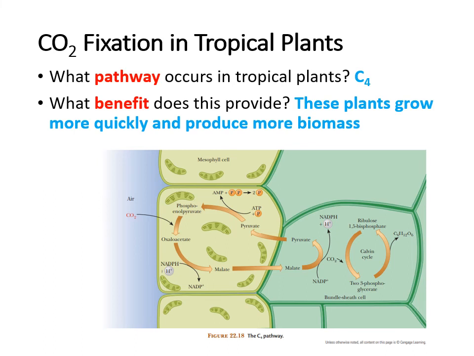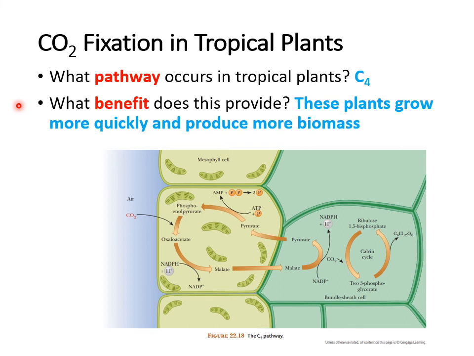So the last thing that I want to mention when it comes to photosynthesis is that there are alternative pathways. In addition to the Calvin cycle, there's an alternative pathway for carbon dioxide fixation that happens in tropical plants. It's called the C4 pathway, and it's named after the 4-carbon compounds that it involves.